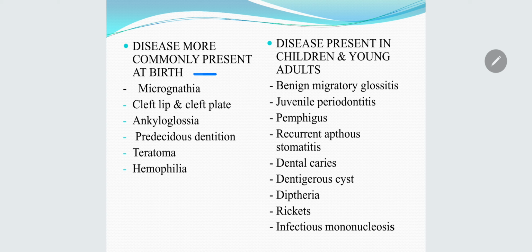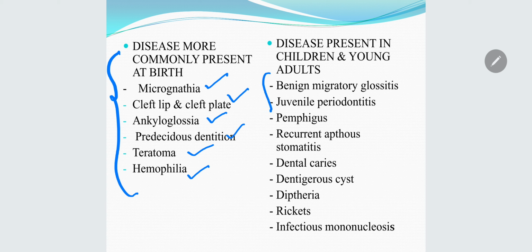Because diseases commonly present at birth include micrognathia, cleft lip and palate, ankyloglossia, predeciduous dentition, teratoma, hemophilia. These are the diseases commonly present at birth. In children and young adults, there are diseases like migratory glossitis, juvenile periodontitis, pemphigus, recurrent aphthous, dental caries, dentigerous cyst, diphtheria, rickets, and infectious mononucleosis.